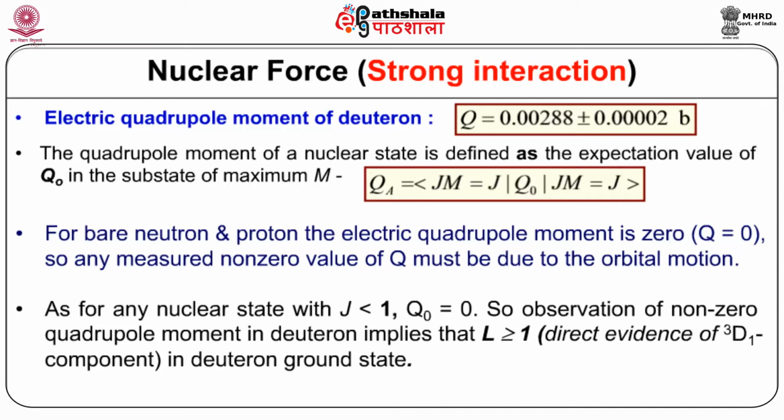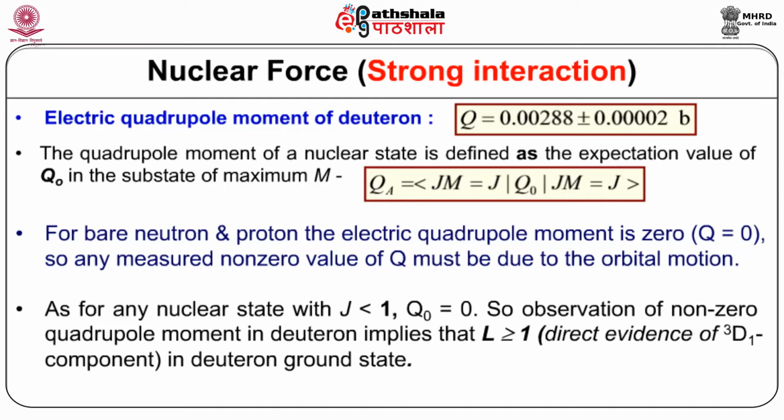So any measured non-zero value of Q must be due to the orbital motion of protons. For any nuclear state with J less than 1, Q0 is equal to 0. So the observation of a non-zero quadrupole moment in the deuteron implies that L is greater than or equal to 1, which is the direct evidence for the 3D1 component in the deuteron ground state.